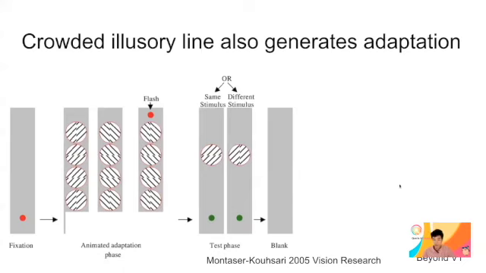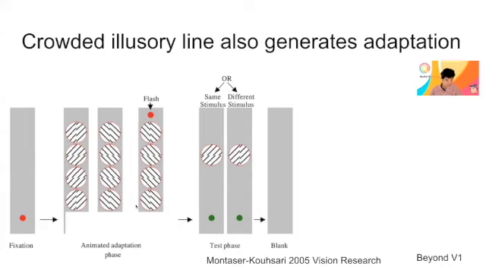So this is very similar to orientation-dependent adaptation effects under crowding. Here you fixate on the red dots, and on the x-axis this is just time, and at each point in time you see four differently oriented lines, but this is always crowded.